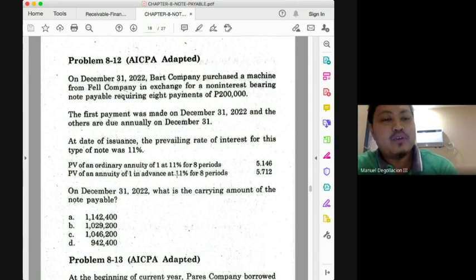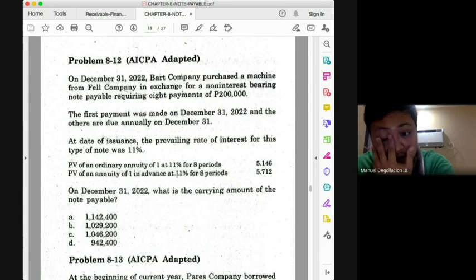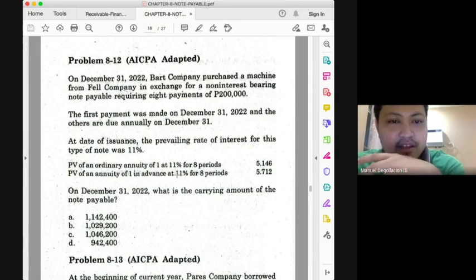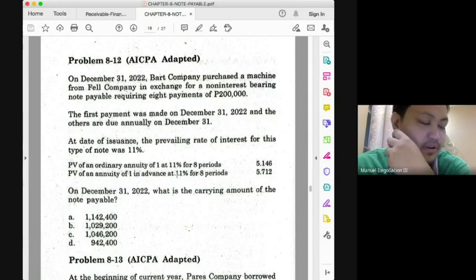Okay, you use the ordinary annuity, class, if the first cash flow is expected 1 period from now. Okay, but you use the annuity in advance if the cash flow is expected on the date of the issuance, class. So meaning there is an expected cash flow on the same date that the promissory note was issued.